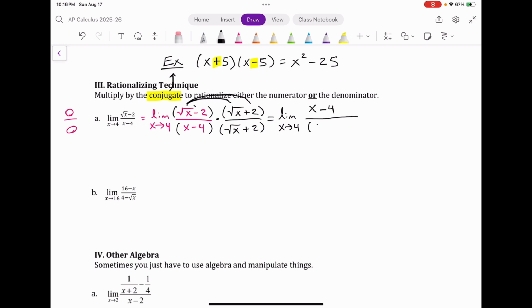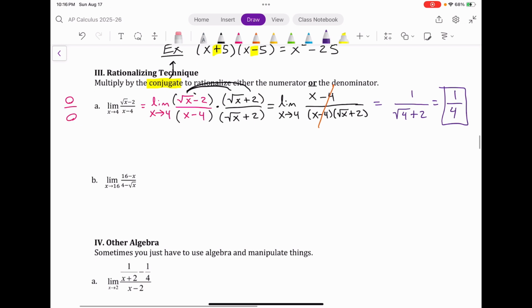And the denominator we're going to leave in factored form, because you can hopefully see that when we do that, this factor cancels out, which was the issue of us plugging in 4 in the first place. And so now that that's gone away, we can just plug in. So remember, when those factors cancel out, there's still a 1 in the numerator over, plug in the 4 we're approaching, and that gets us 1/4.